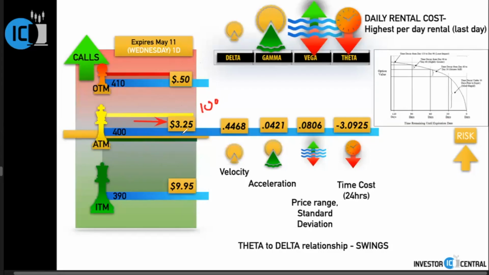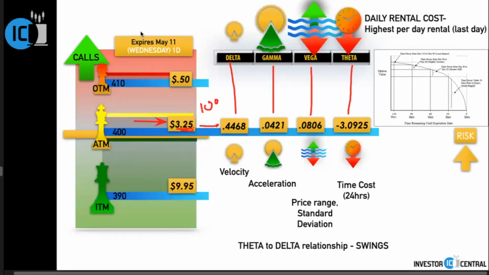So when you look at these prices, you shift the decimal point over, and this is actually $325, all right? Now, when you pull up these numbers, you're going to see delta, gamma, vega, theta, all right?